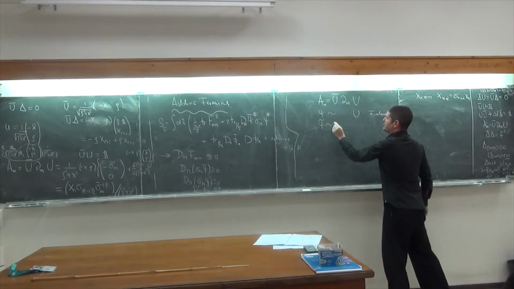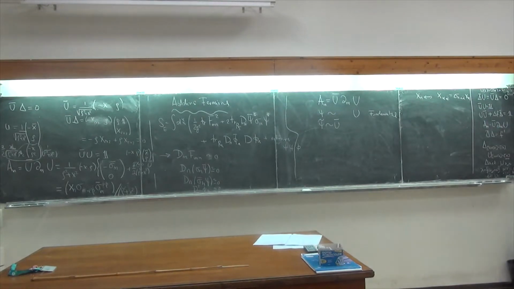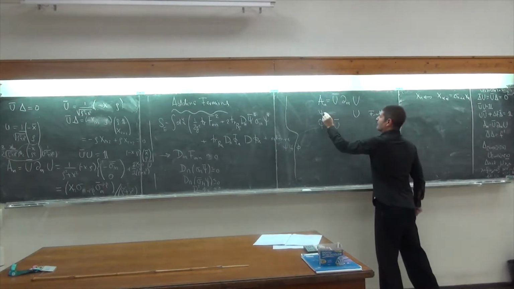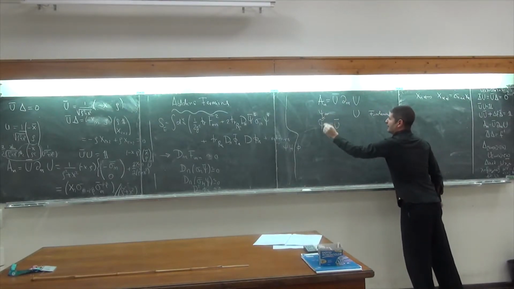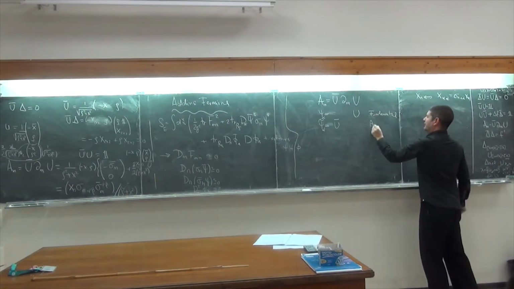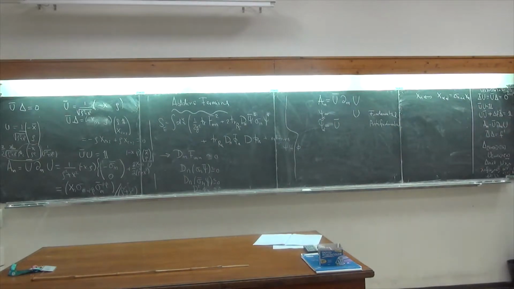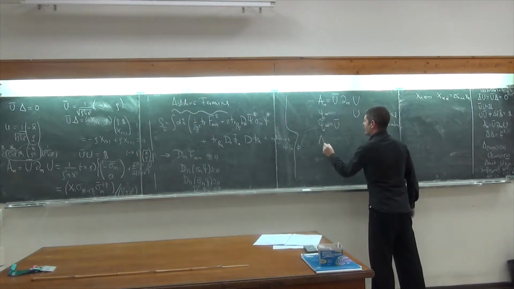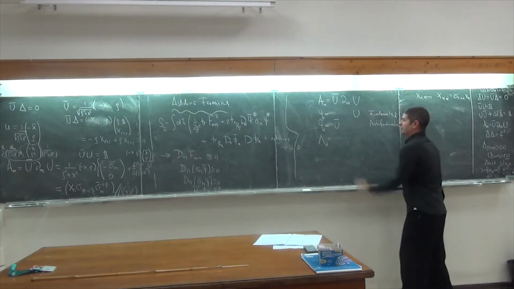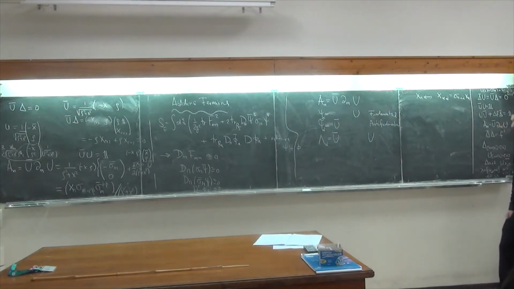If I have a fermion that transforms in the anti-fundamental, it should be U bar times something. Then, if I have a fermion that transforms in the adjoint, we call it lambda, this should be U bar U something.